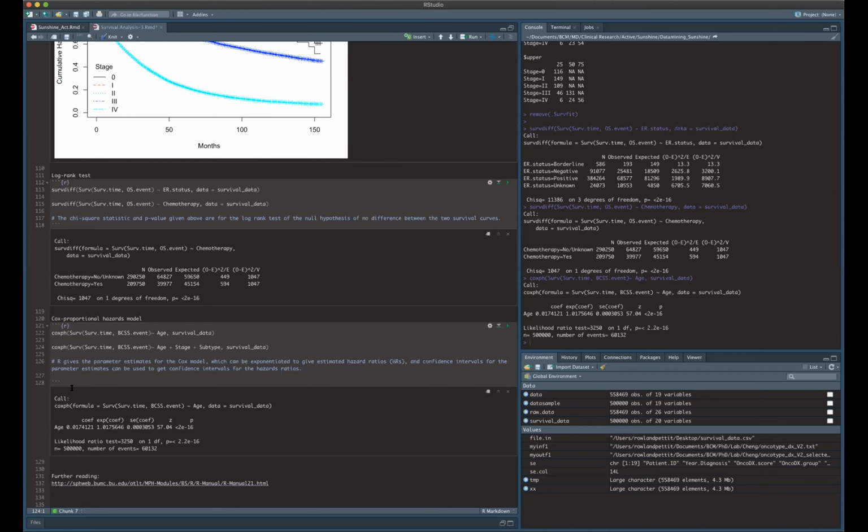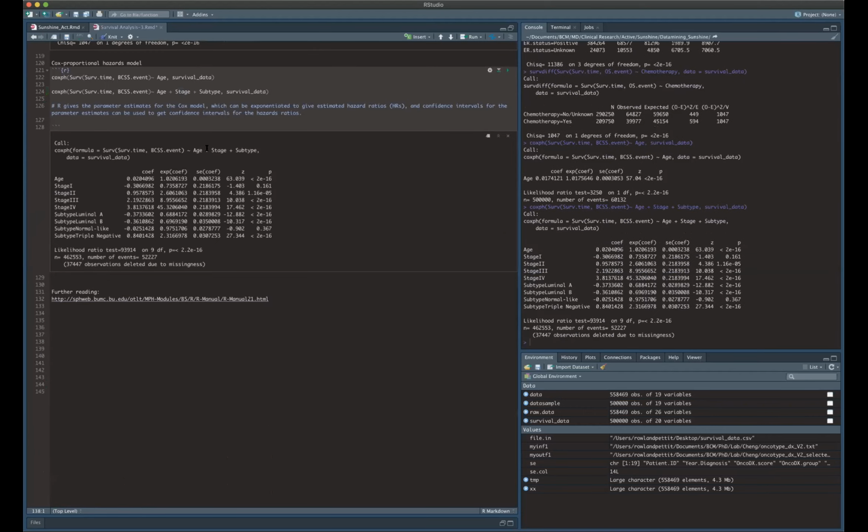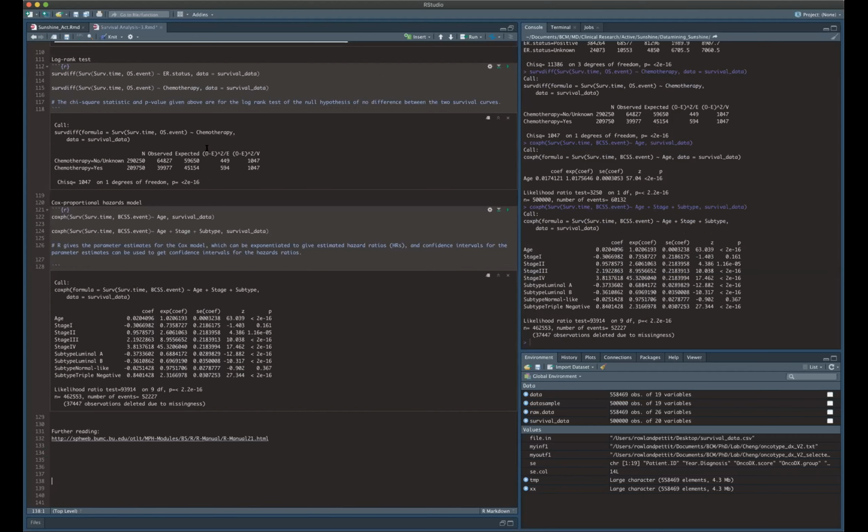You can say, let's run it with multiple different covariates. So now we have age, stage of the tumor, and the subtype of the tumor of interest. And the cool thing about this Cox proportional hazards model is that you can see how all of these covariates impact the model at the same time. As we discovered before, the coefficient for age was significant.